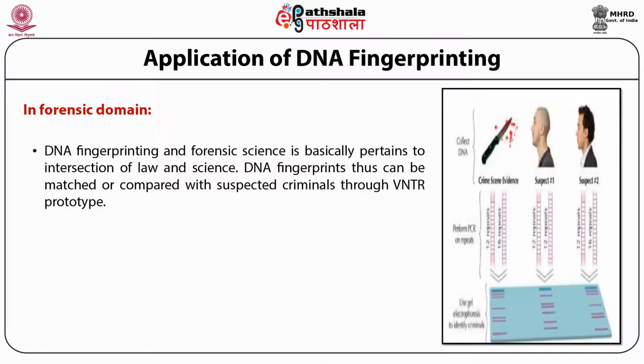The second application of DNA fingerprinting is in identification of paternity and maternity. A child inherits his or her VNTR sequence from his or her parents. Parent-child VNTR sequence analysis can be used to solve disputed paternity and maternity cases.